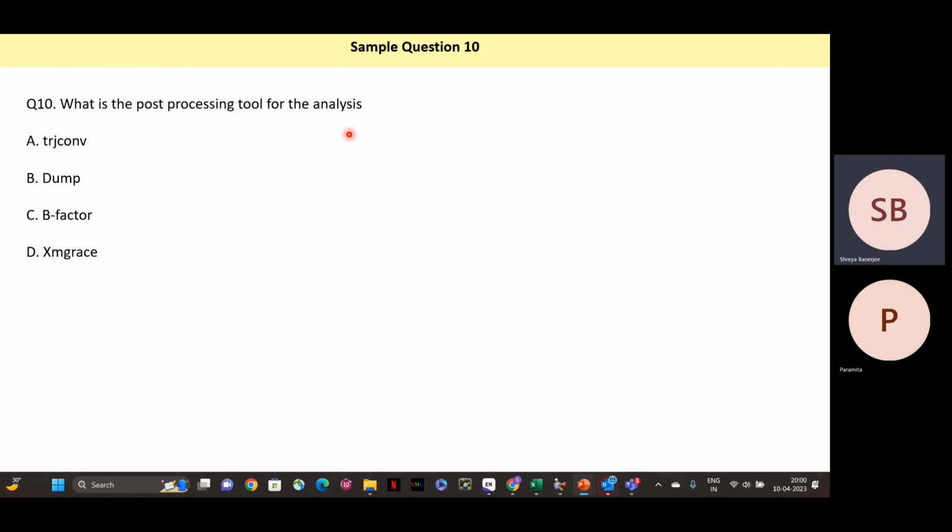And question 10 asks, what is the post-processing tool for the analysis? So after molecular dynamics simulation, what is the tool used for post-processing? The correct answer is A, TRJCONV.